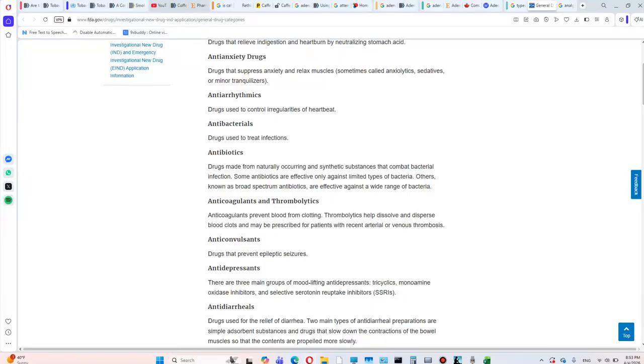Thrombolytics help dissolve and disperse blood clots and may be prescribed for patients with recent arterial or venous thrombosis. Anticonvulsants, drugs that prevent epileptic seizures.